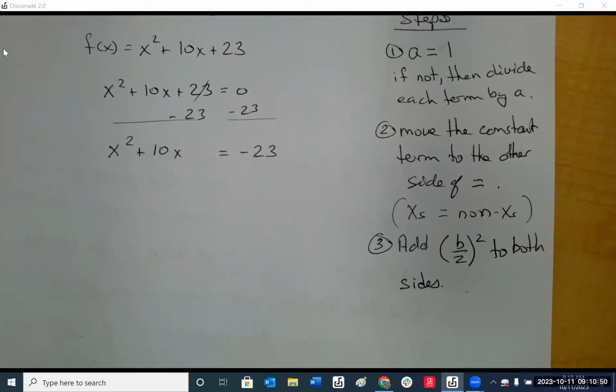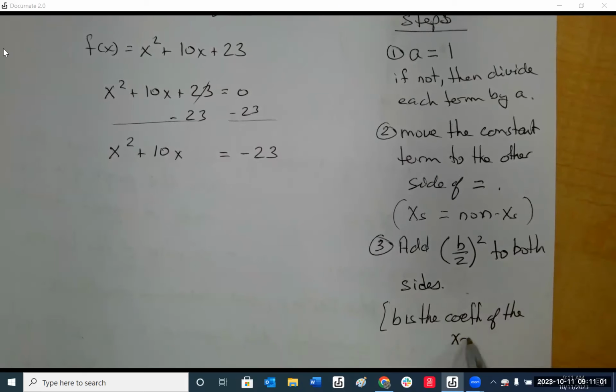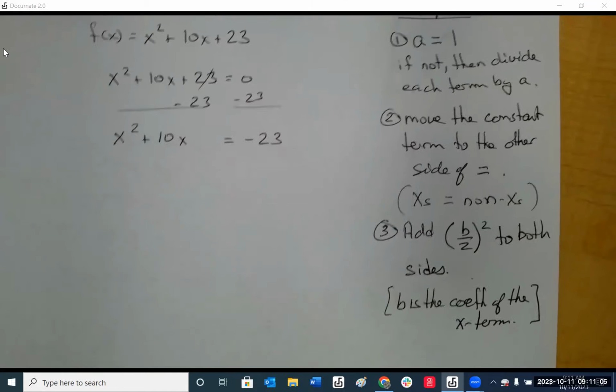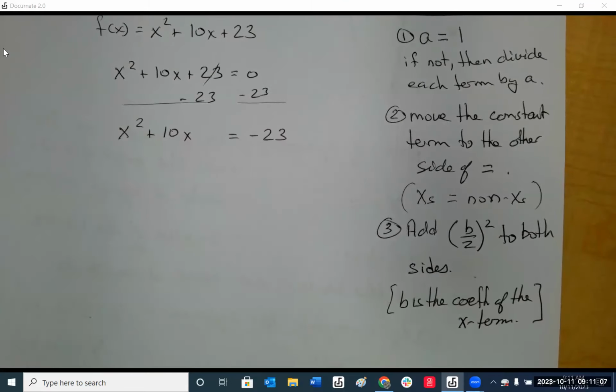Where do we find b? B is the coefficient of the x term. So it's whatever is in front of the x is our b. In this case, it's 10. Just the number. If it's negative, don't worry about it. It's just the number.